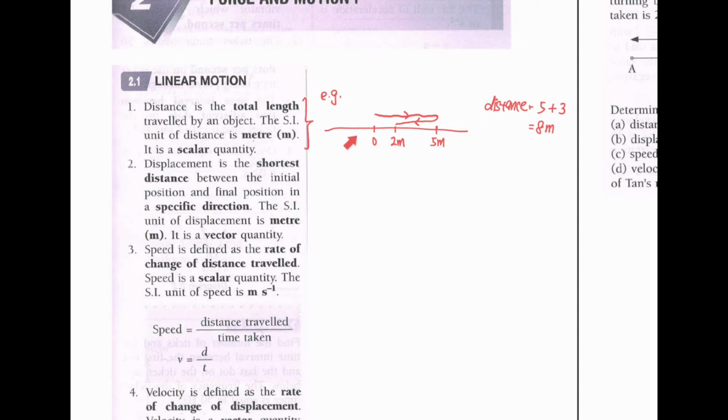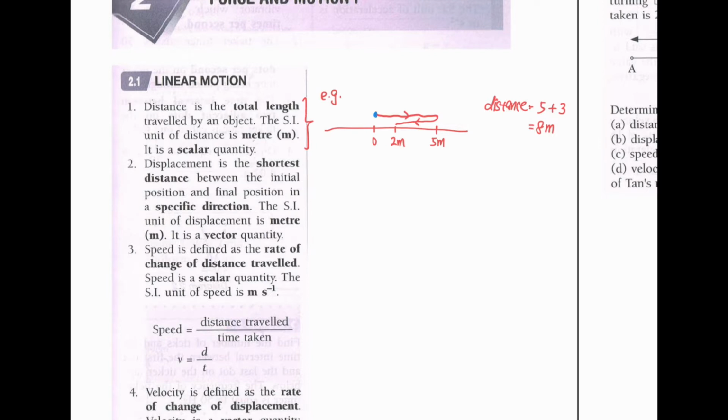I'm going to use this as my example again. If an object traveled 5 meter to the right and then 3 meter back, I want to find the displacement. For displacement, you just need to care about the initial position. Let's say I use blue color, this point at 0 is the initial position.